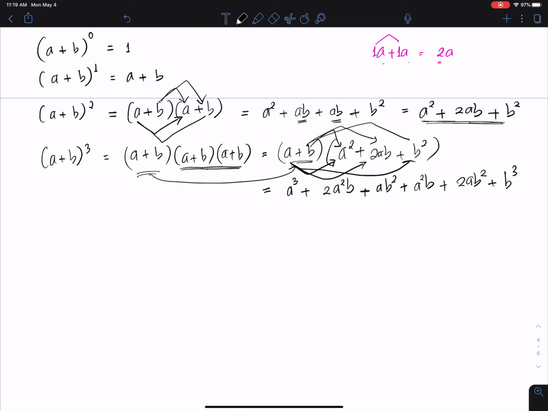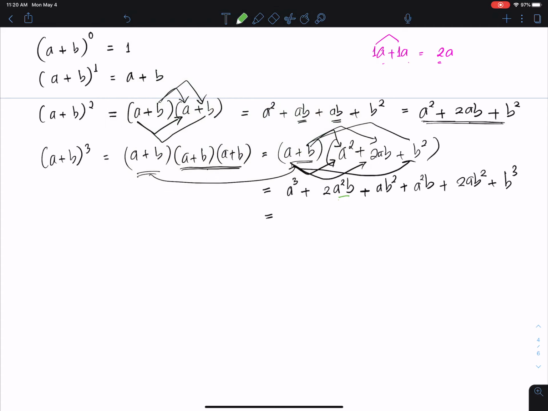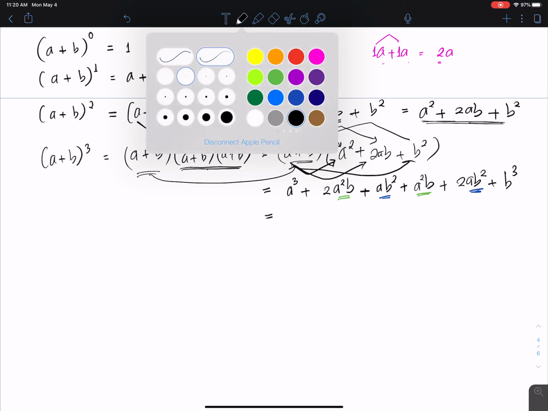Okay, so now we can simplify this. Take a look at the ones with the same variables: a square b, a square b. So this is the same one. And this one, ab square, ab square. So we can add the ones with the same parameters.